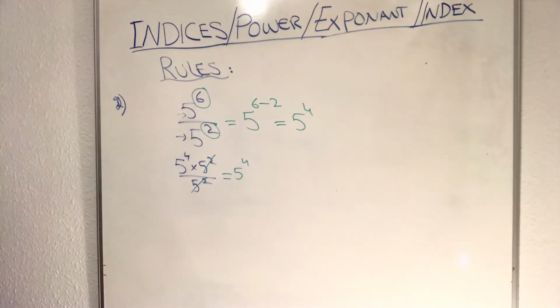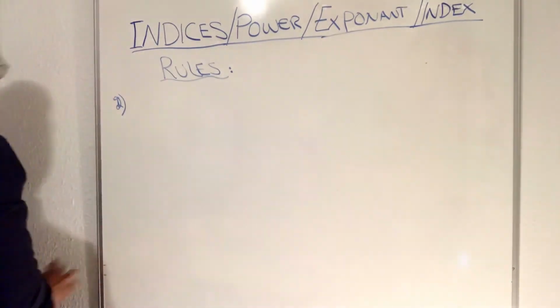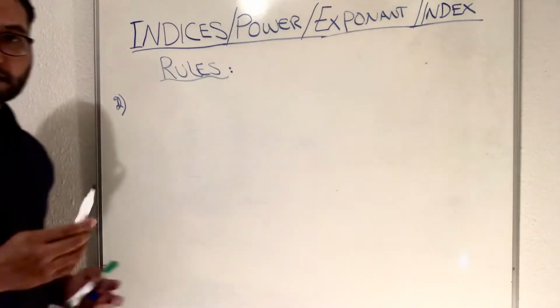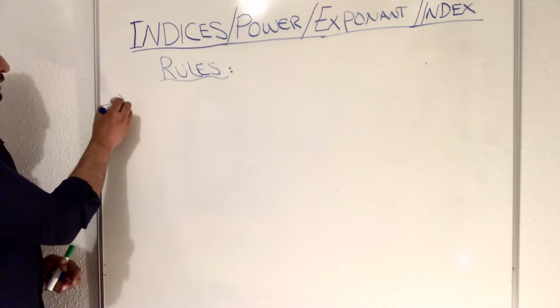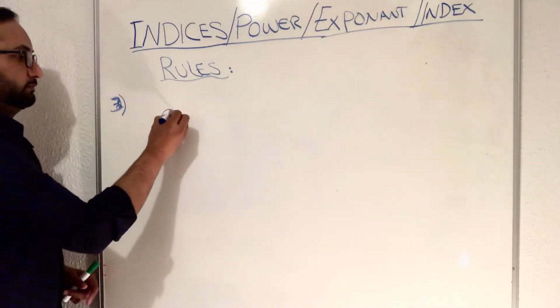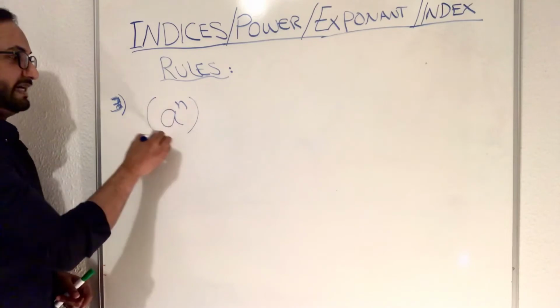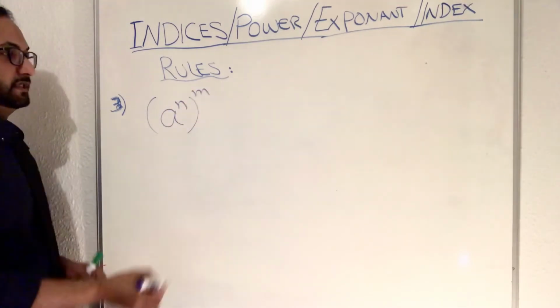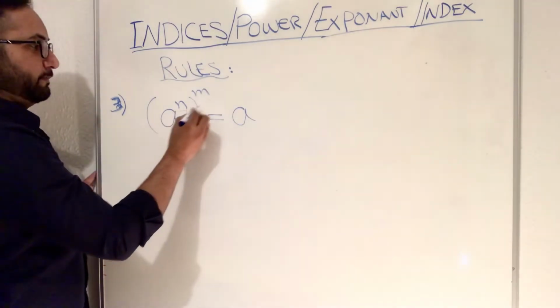The third one is power of a power. If you have any value with a power, and then it has a whole power, then the answer will be power multiplied by power.